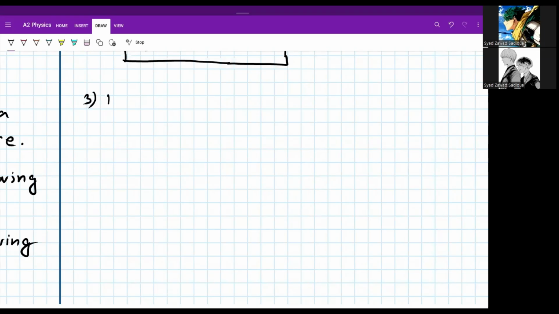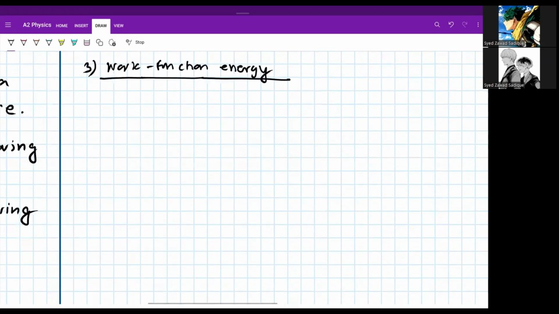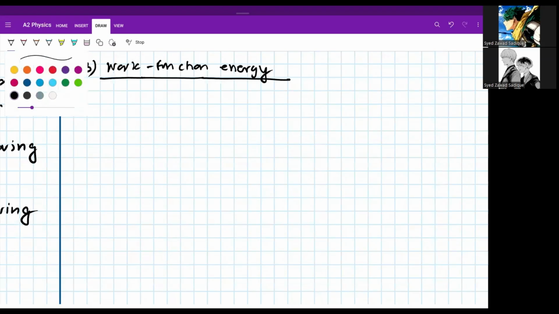That is work function energy. If you don't remember what that is, it is the minimum energy required to remove an electron from the surface, or cause emission of an electron from the surface.